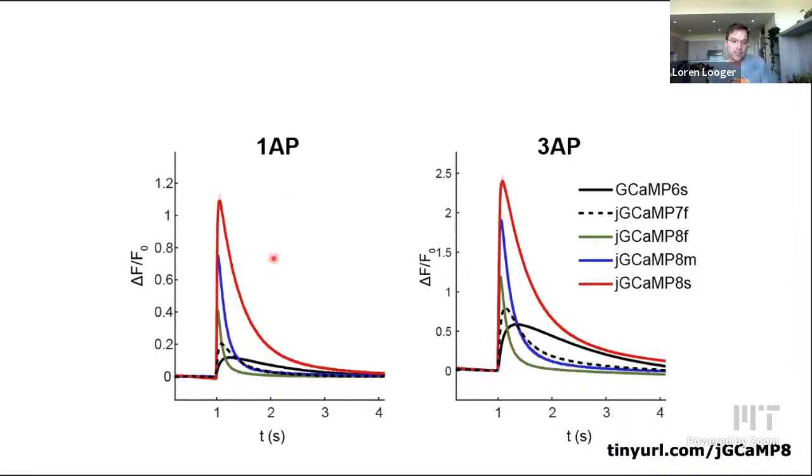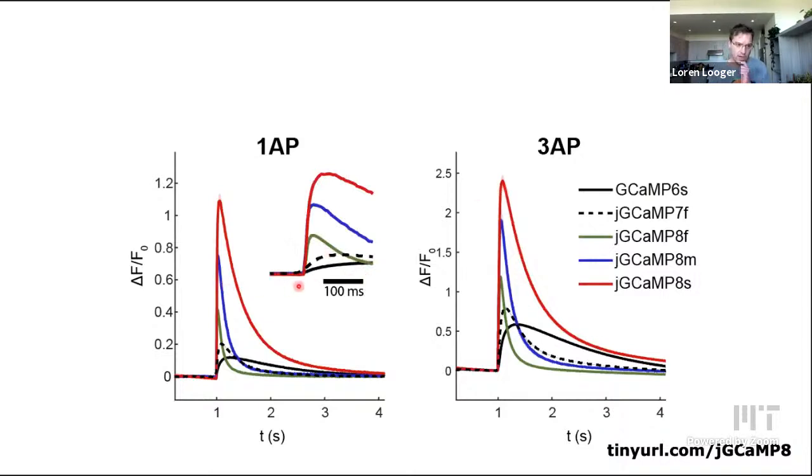So with the new sensors, kinetics only really makes sense if you look at the single spike response, and you can see they're much faster than the previous best in class, GCaMP7f, much faster than GCaMP6s, and much greater signal to noise.